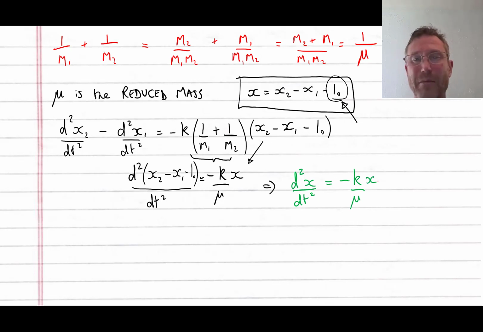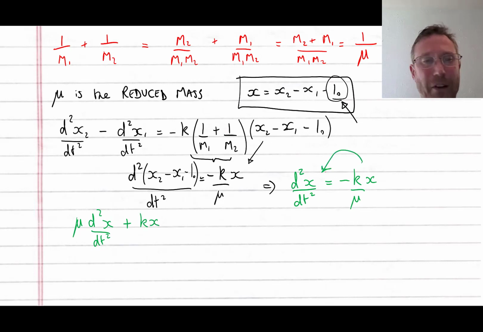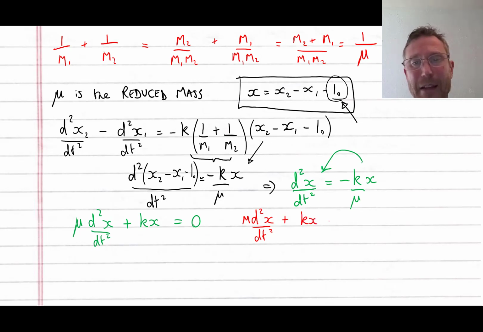And actually let's go one step further and make this mu d squared x over dt squared. We're going to bring the plus kx over to the other side, and this expression now equals 0. And what we're now going to recognize is if we go back and think about the expression that we derived for the ball on the spring, we came up with m times d squared x by dt squared plus kx equals 0.